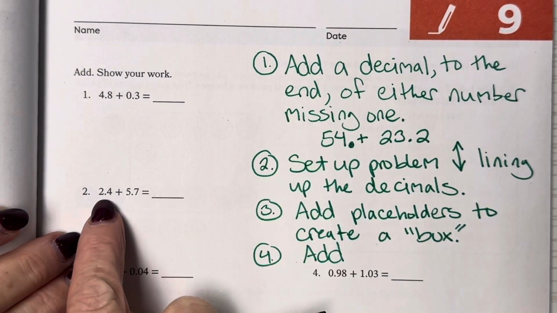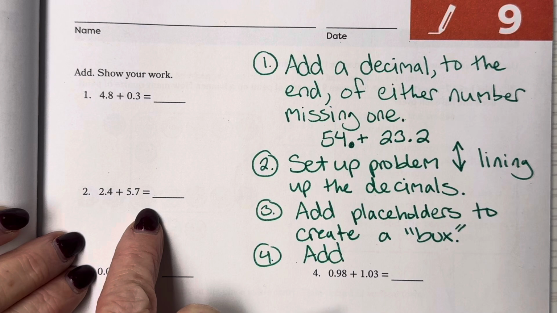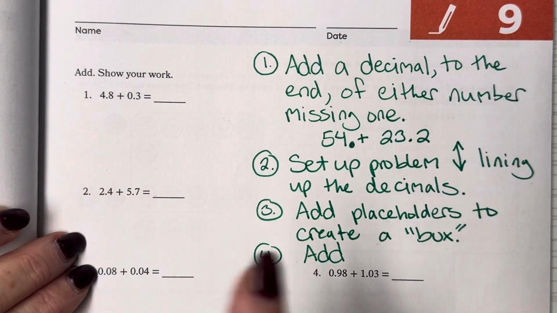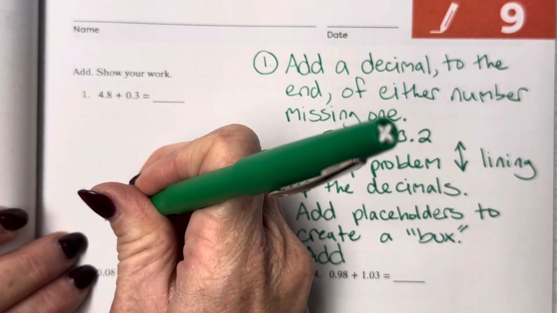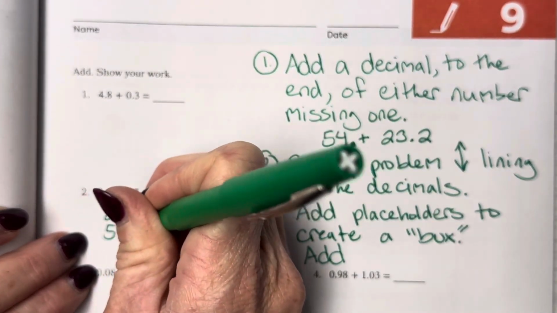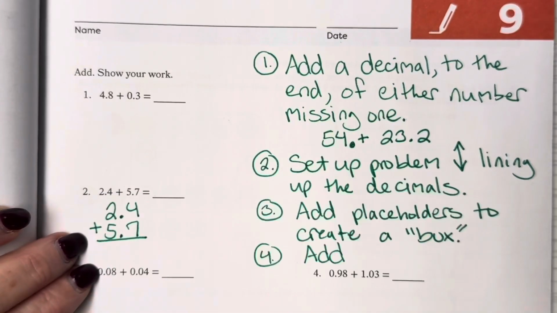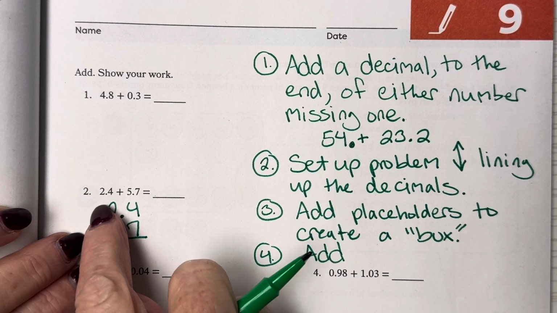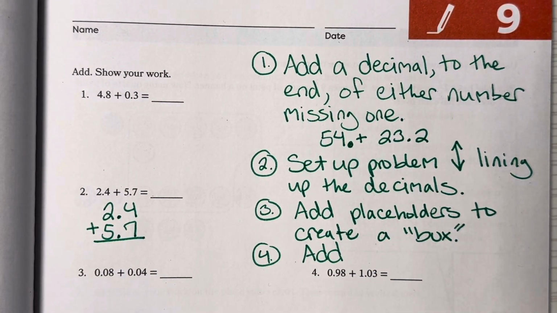So step 1, they already both have a decimal. Step 2 is I'm going to set up the problem vertically, lining up the decimals. So we have 2 and 4/10 plus 5 and 7/10. Step 3 is create like a box. There already is kind of this imaginary box around them.